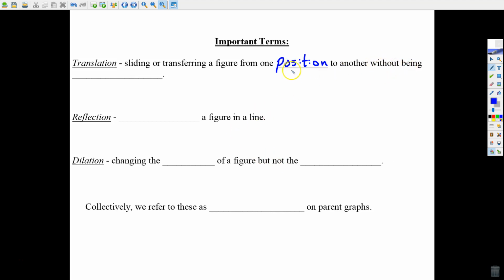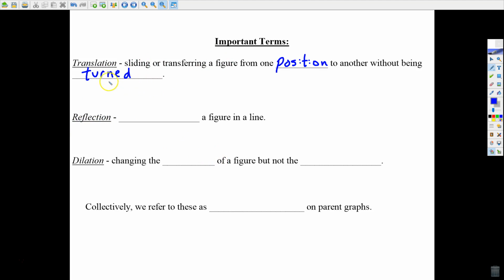But in the process of relocating it, it will not be turned or rotated. It maintains its exact shape. It's just going to be moved to a new position.